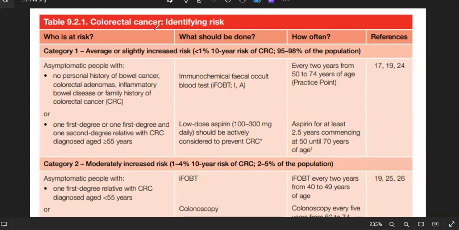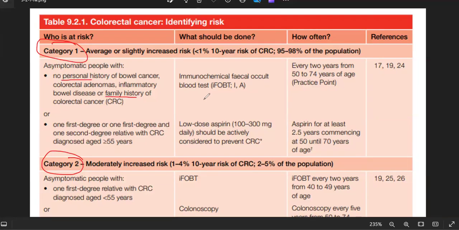Okay, now coming to this colorectal cancer. So there are 3 groups. One is category 1, then there is category 2, and then there is category 3. Category 1 is the low risk population. So low risk are patients who do not have any history of bowel cancer in their family.